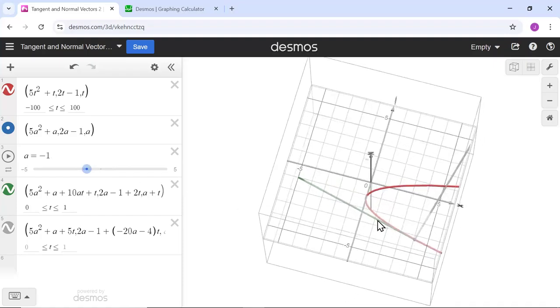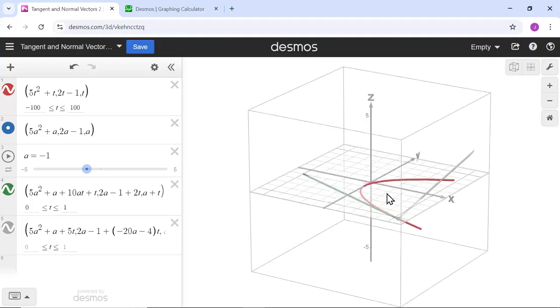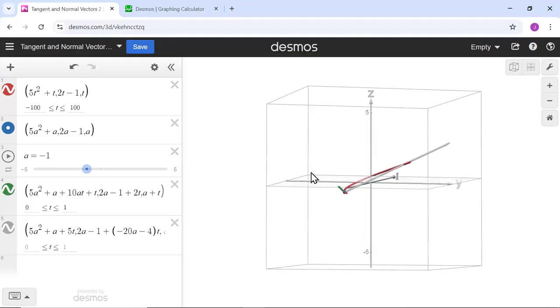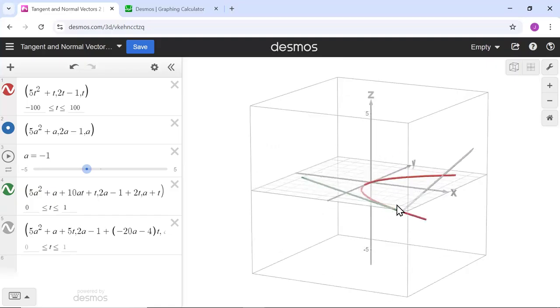And if you look at the plane they create, they'd be creating a plane in which the acceleration vector exists. We'll go over that a little bit later, but that's what it is.